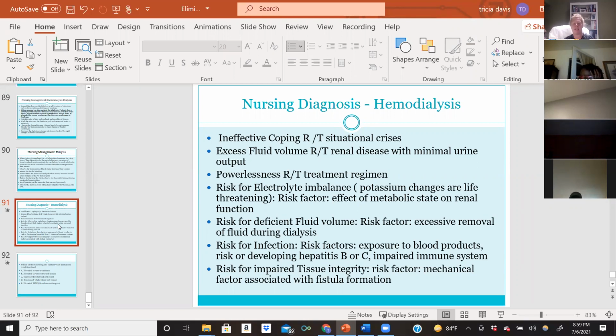Risk factor: effect of metabolic state on renal function. Risk for deficient fluid volume: excessive removal of fluid during dialysis. Risk for infection: exposure to blood products, risk of developing hepatitis B or C, an impaired immune system. Risk for impaired tissue integrity: mechanical factor associated with fistula formation.